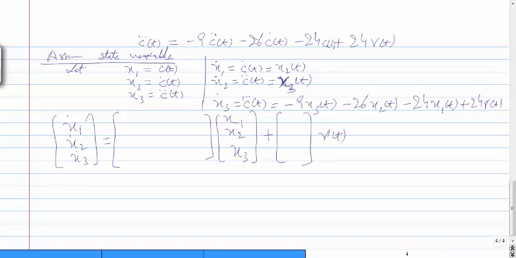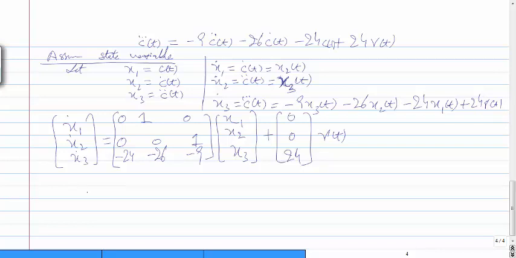Now from here x1 dot equal to x2, so it becomes 0 1 0. Similarly x2 dot equal to x3, so it becomes 0 0 1. The last one is x3 dot, we have to write from here. It is minus 24, minus 26, minus 9, and it also has the input, that is 24; the others do not have input, so 0.